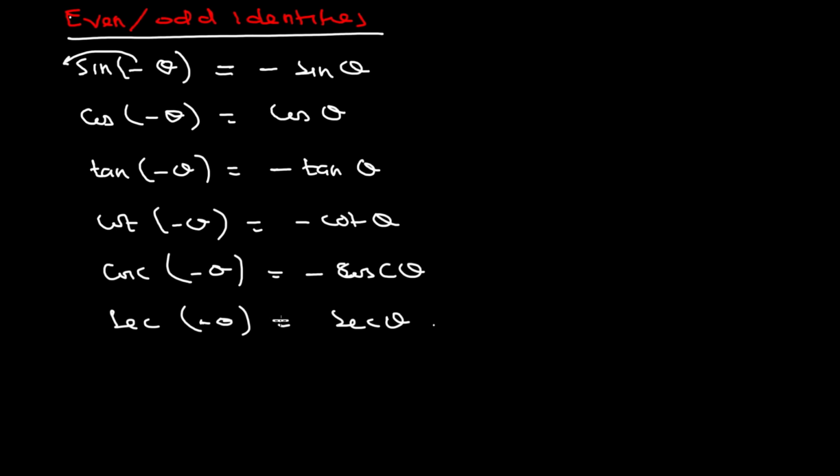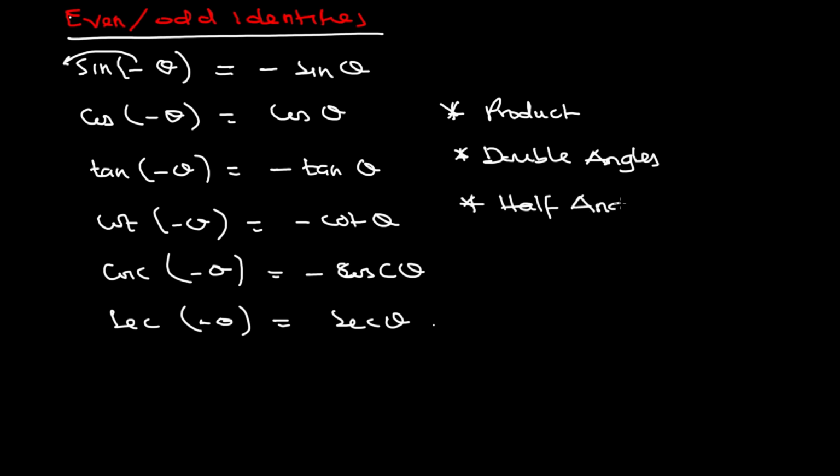So far, these are the ones that we need to know. We are at the phase where we don't have products, we don't have double angles, we don't have half angles. We're not dealing with these yet.